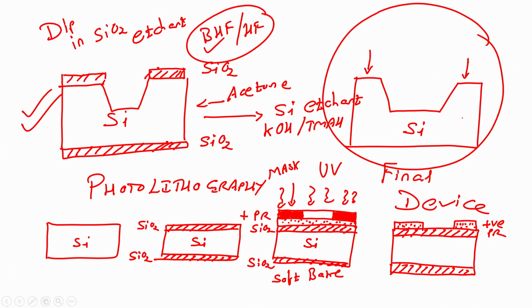So, the point that we are making here is that silicon dioxide will act as a masking oxide when I want to etch silicon only in a particular area, which is right over here. The process is you take a silicon wafer, grow oxide, and then on that you spin coat photoresist, do a soft baking, load the mask, expose with UV, then unload the mask, develop the wafer.